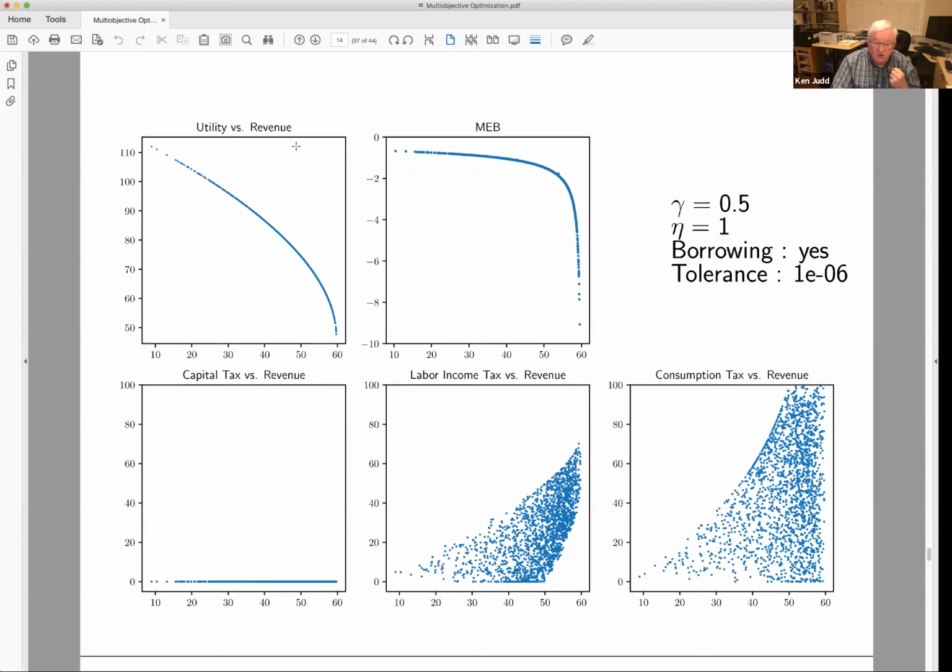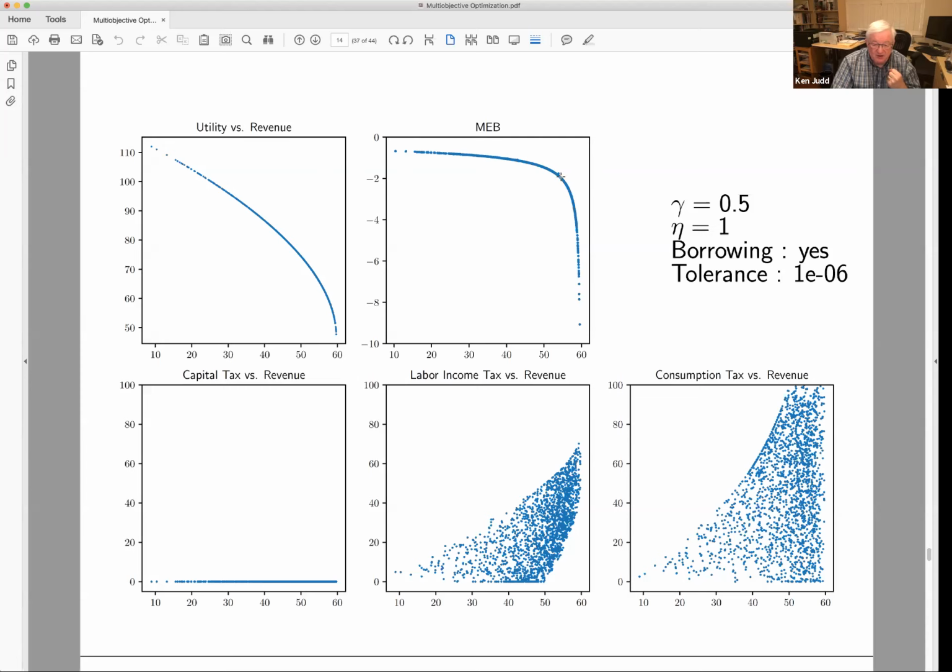So as you go down this line, the slope of this line tells you what the marginal excess burden is of a tax.